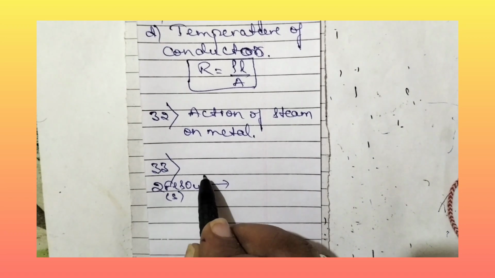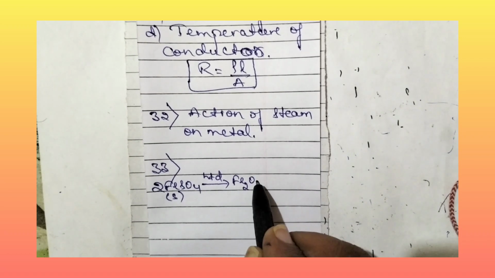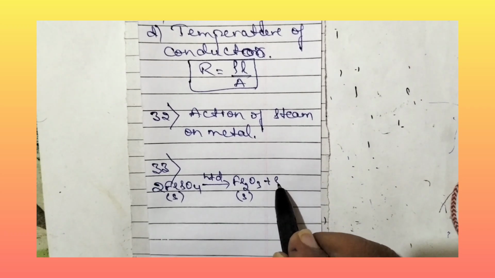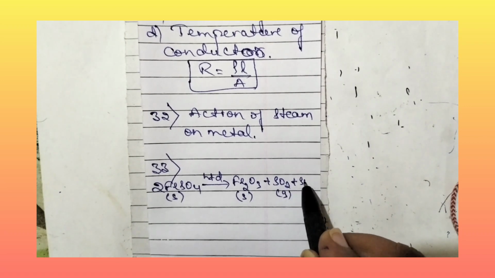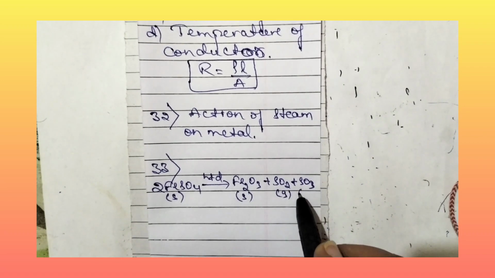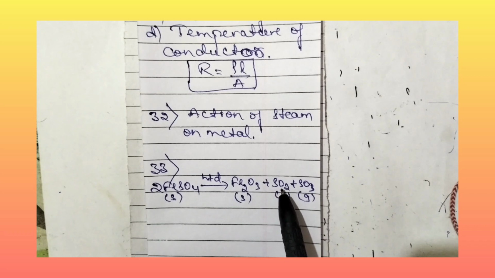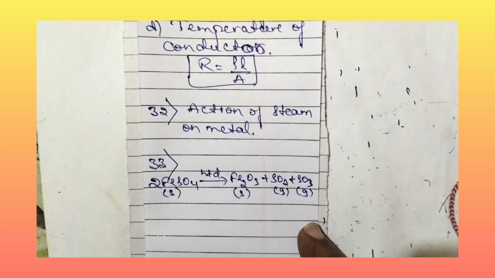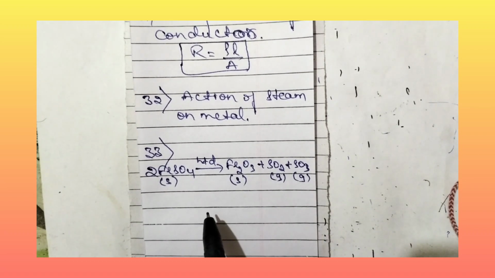When it is heated, it forms Fe2O3, that is ferric oxide, which is also solid, plus liberates sulfur dioxide, which is gaseous in state, and sulfur trioxide, which is also gaseous in state. So ferrous sulfate, when heated, forms ferric oxide and liberates sulfur dioxide and sulfur trioxide. This is the balanced chemical equation. Now, name the type of chemical reaction.